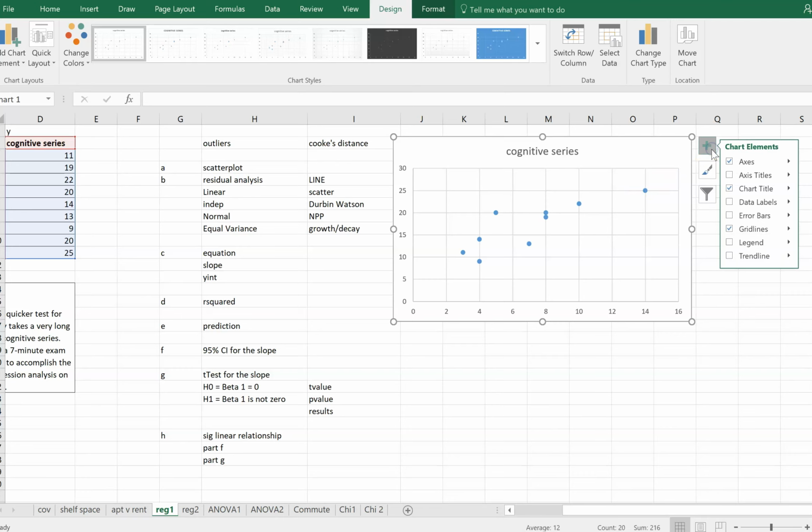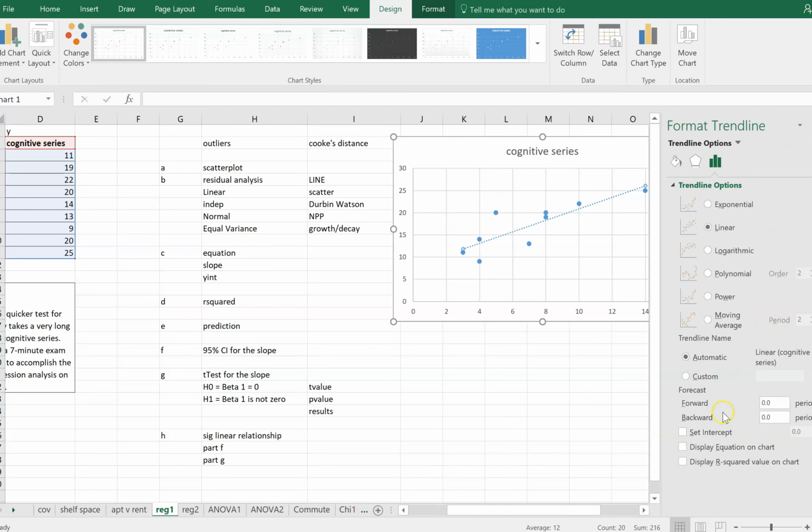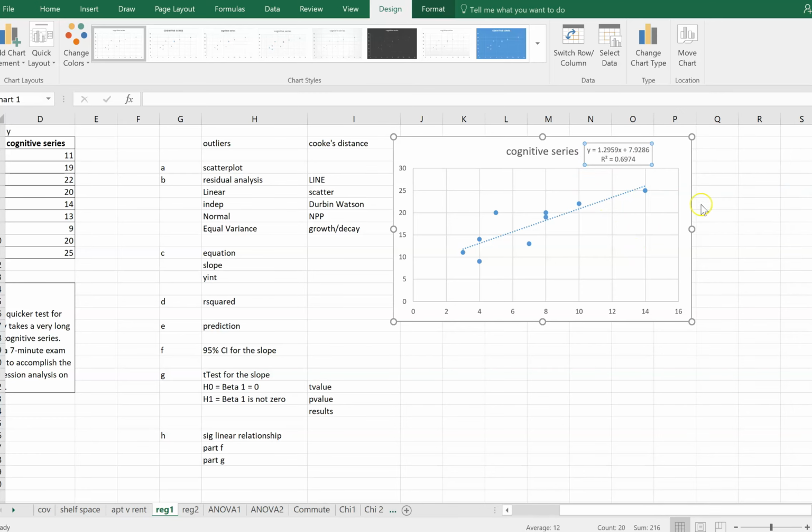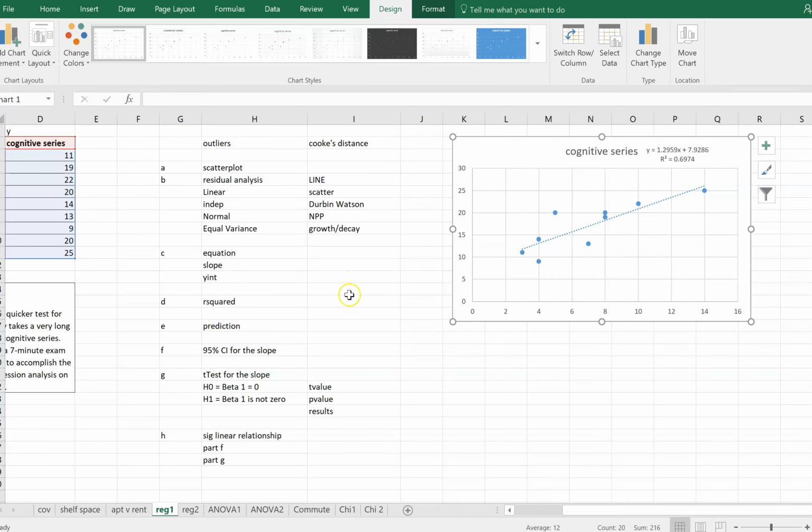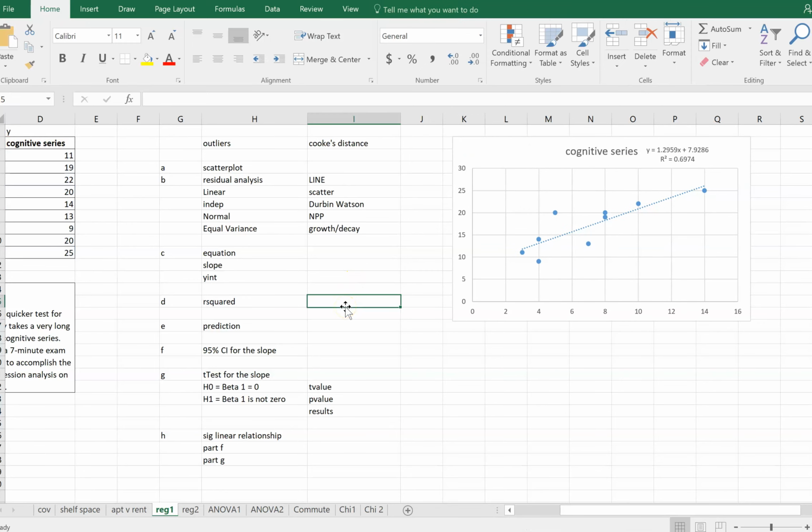And in fact, using the plus symbol on the trend line and then going to the arrow for more options, I can display the equation and the R squared to see what's going on. And so there's my prediction equation, which, yes, is down here a question. Prediction equation, the slope and the y-intercept, which I found. And I found the R squared. Notice I'm kind of answering some of these questions down below. What is the R squared?